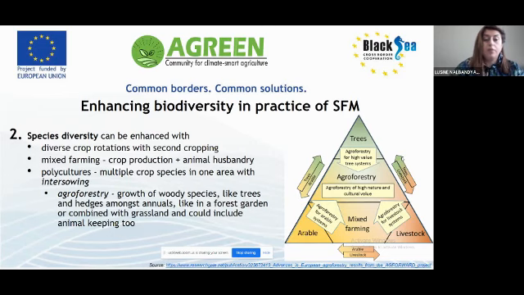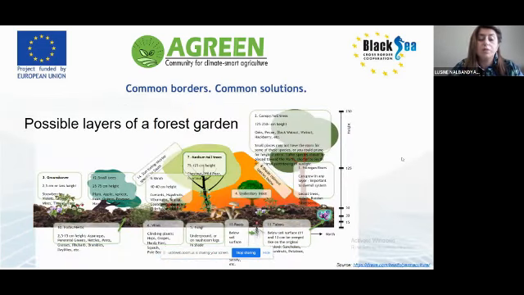Once more, using polycultures involves growing multiple crop species in one area with intersowing. You may know a few examples, such as cereals with legumes. This is very common in our area, to grow in the first year cereal with legumes, especially spring barley with legumes.